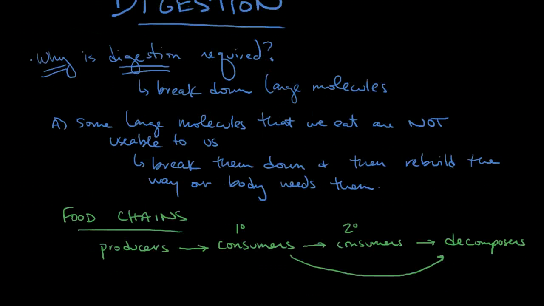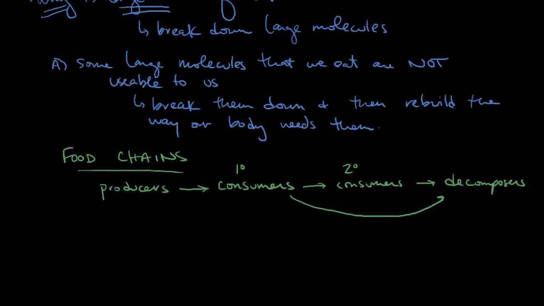So if we think about it this way, producers make food, certain molecules that the primary consumers ingest and then digest. They break them down into small molecules and rebuild them the way they need them, and when the secondary consumer eats that primary consumer, it breaks down those molecules into small pieces and rebuilds them the way it needs to. A good example of this that I often talk about is protein. Producers like plants have proteins.